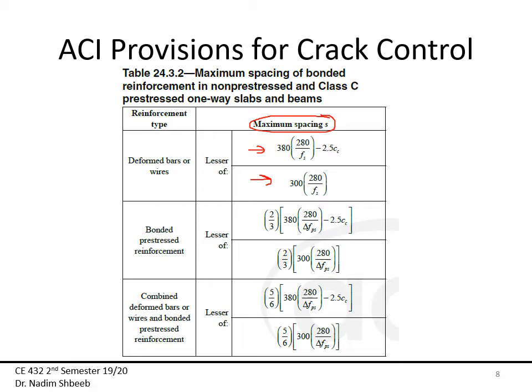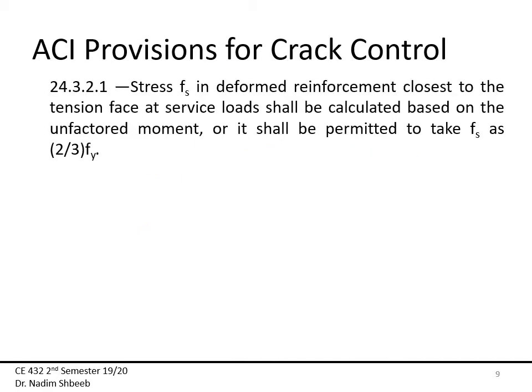So this is simply 380 times 280 divided by fs, minus 2.5 cc, and we already showed you what cc is, or just 300 times 280 over fs. The rest we really are not concerned with for this class. Again, the maximum spacing should not be more than this equation or this equation. So we will calculate from this one and that one, and then take the lesser value.